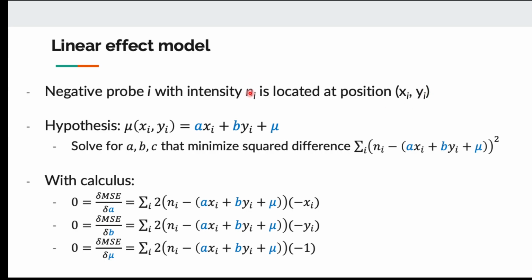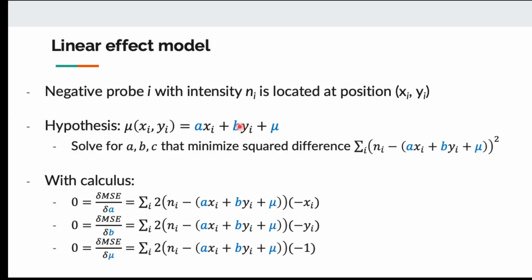So we have the data for each negative probe. We know the location, and we have the alternative hypothesis that the average should depend on the position like this, as a linear function. So we want to estimate A, B, and mu. These are three things that we don't know.